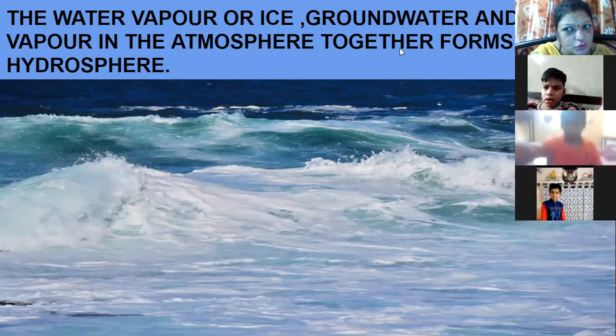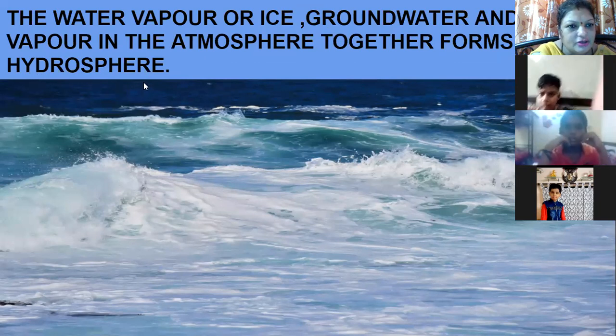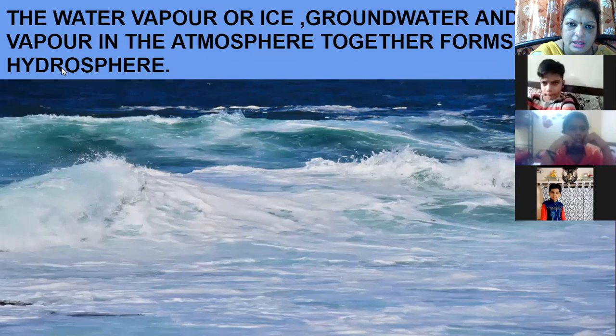They together form Earth's hydrosphere. As I told you, what do you mean by hydrosphere? Layer of water. But which are the layers? This hydrosphere is formed by which water bodies? It is formed by water vapor or ice, groundwater, and water vapor in the atmosphere.